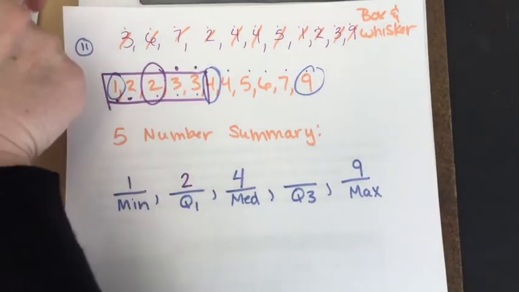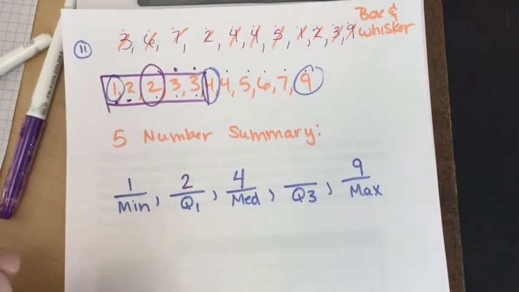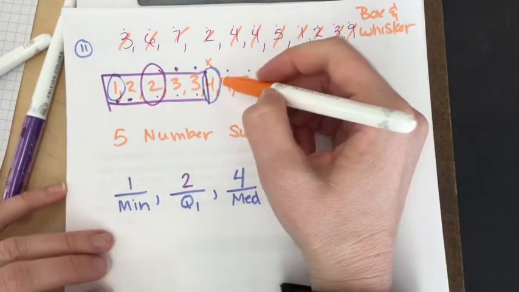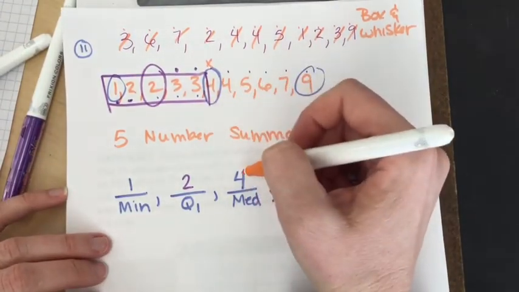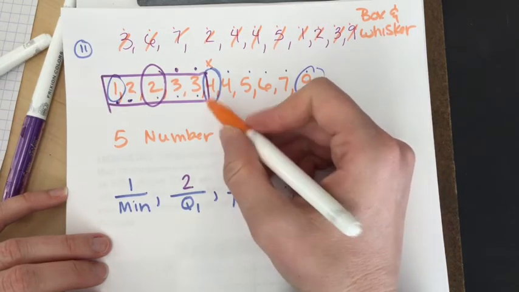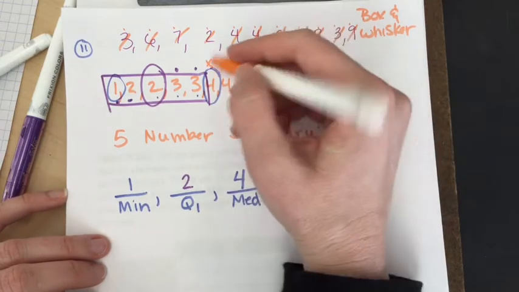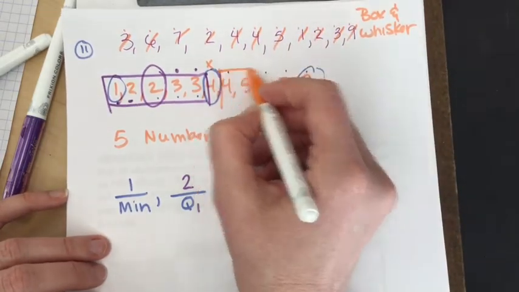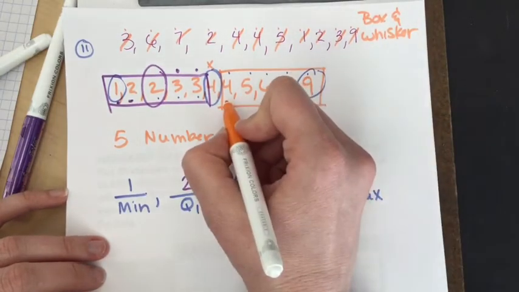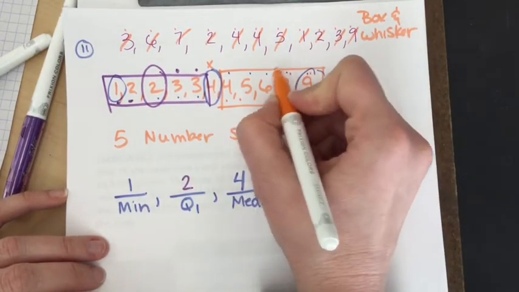All right, next up, we're going to look at the second half of the data. 4 does not go into either half. Okay, 4 is your median. The only time the numbers will go in here is if it wasn't exactly in the center. So looking at the second half of these numbers, we've got 5 data points there. So 2 on the left, 2 on the right.